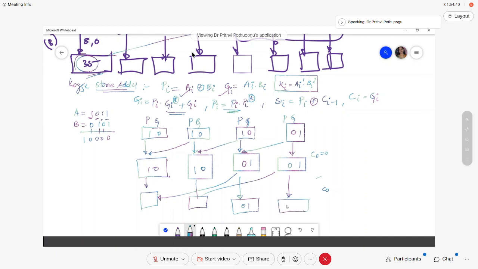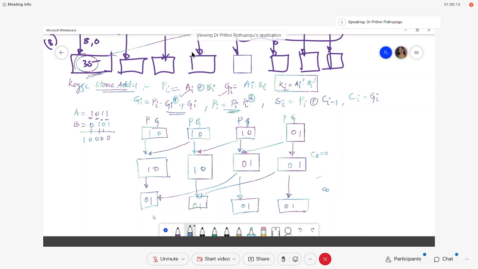So this is 0, 1. Now see here, what is the value you are getting? This is present P, this one is 0, 1, and this one is 0, 1.